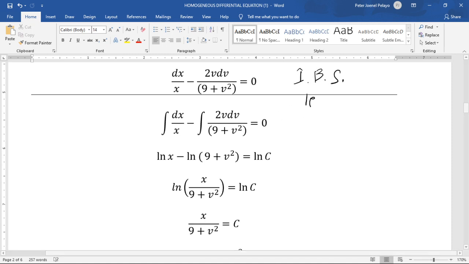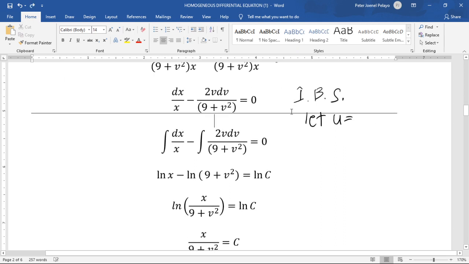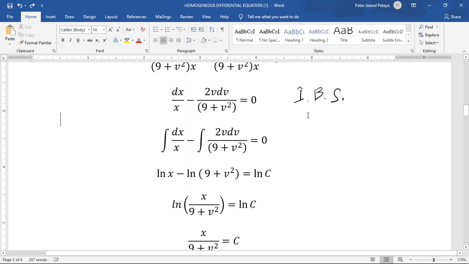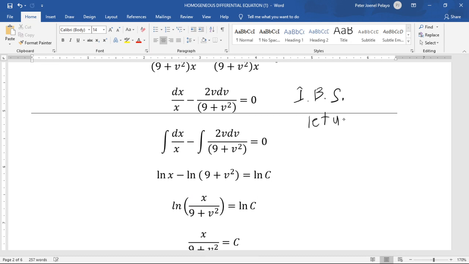So, let lang tayo. Let u is equal to 9 plus b squared. Tama. So, ulitin ko lang. Let u is equal to 9 plus b squared.